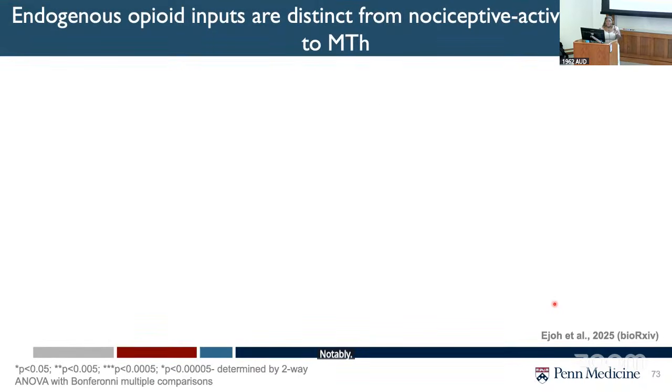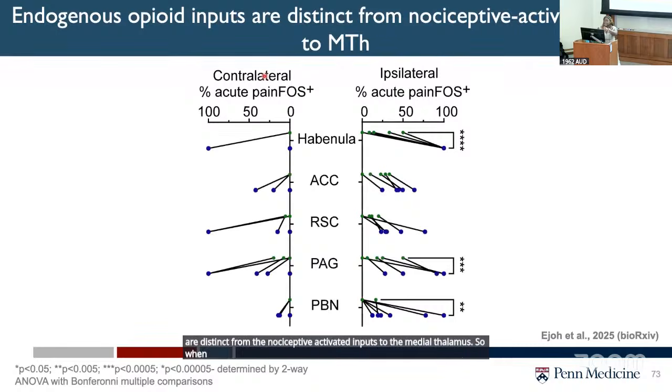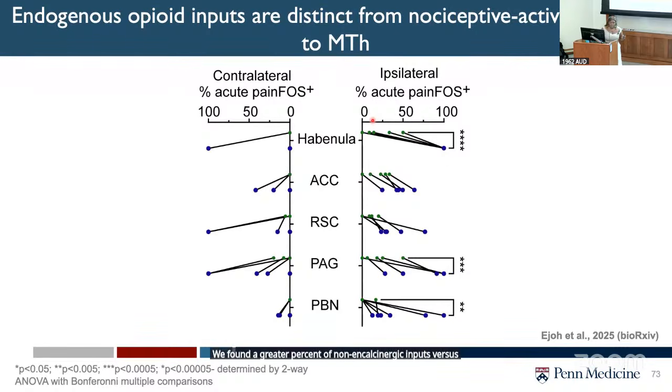Notably, I think this is really cool, we found that the endogenous opioid inputs in terms of enkephalin to the medial thalamus are distinct from the nociceptive activated inputs to the medial thalamus. So when we calculated the percent of enkephalinergic inputs that were also pain active, and the percent of non-enkephalinergic inputs that were pain active, we found a greater percent of non-enkephalinergic inputs versus enkephalinergic inputs that are pain active, especially in the ipsilateral habenula, PAG, and PBN.